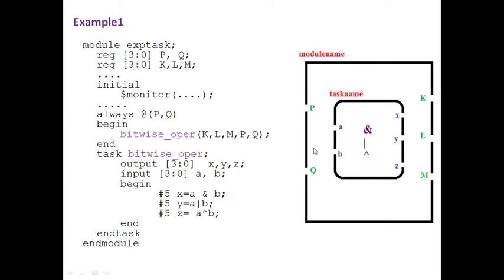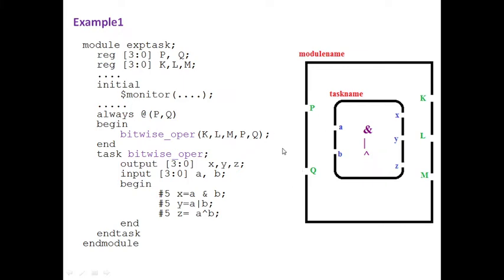So whenever a task is entered, P is given to A and Q is given to B, and some processing will be happening in the task block. As soon as the values are evaluated in the form of XYZ, XYZ will hand over the calculated value to the KLM output arguments, because KLM is nothing but the bitwise offer in the task name bitwise offer; these are in the form of the arguments KLM.